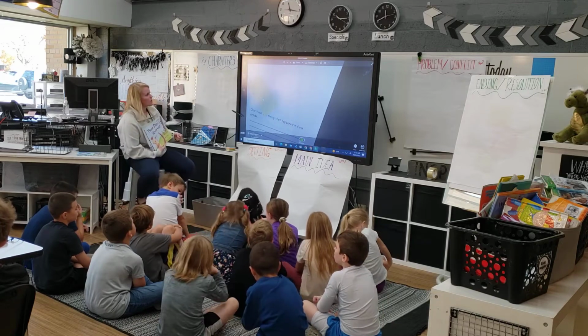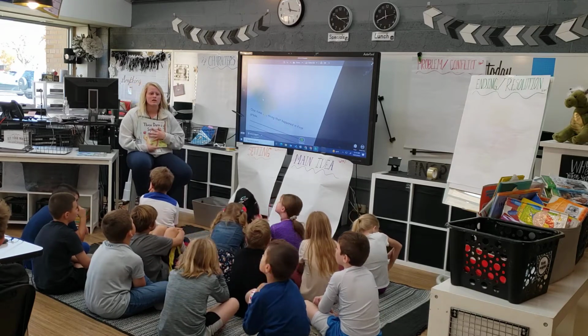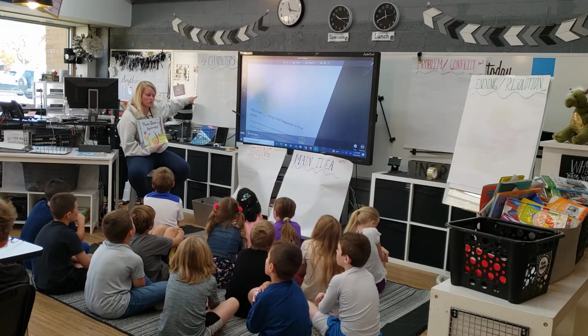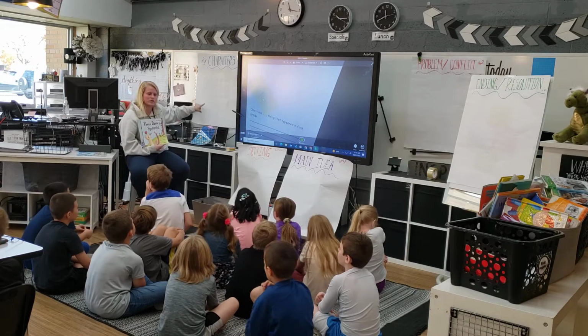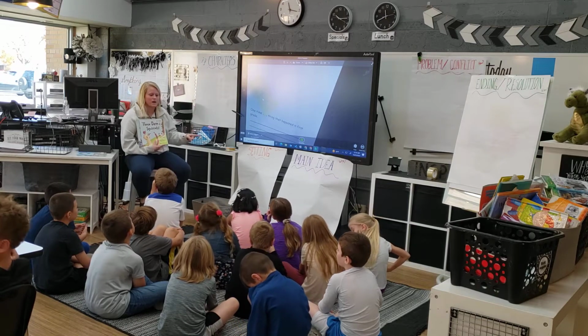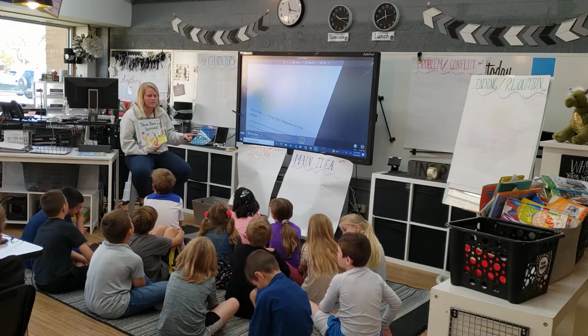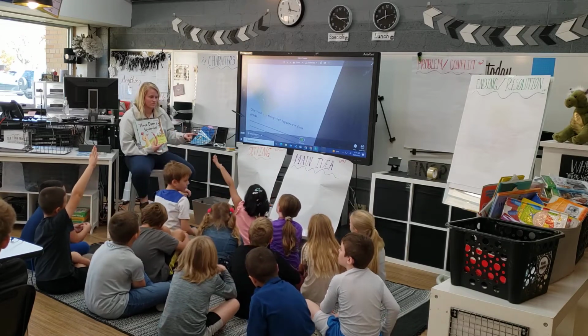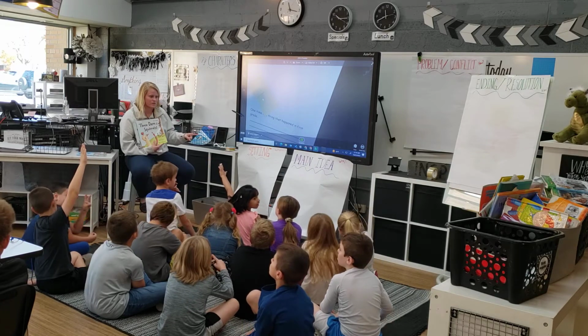We have also covered in each story that we have been reading so far who was in the story. So remember, those are usually introduced in the beginning of a story. So the characters, the setting. What does setting mean? Quinn? Where is it in the book?